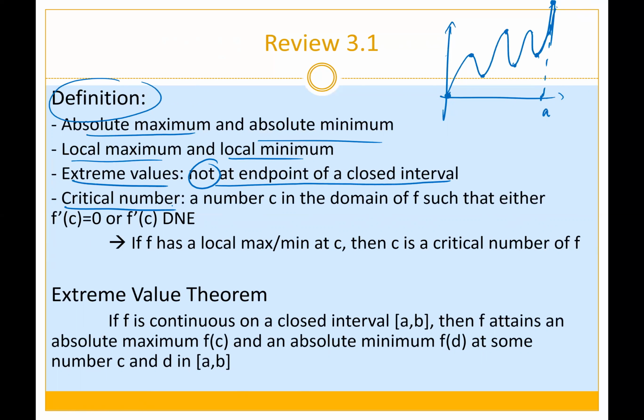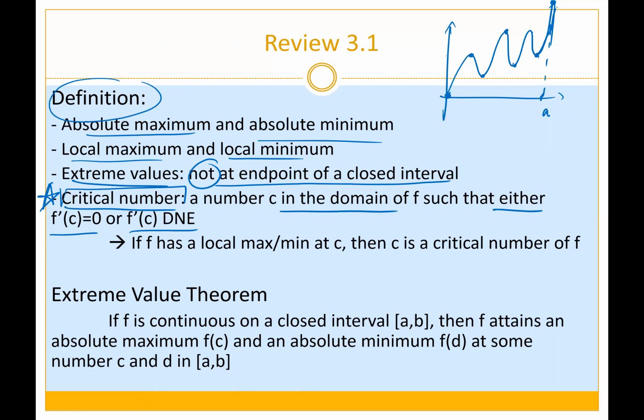Then we have critical number, and this is really important. A critical number is defined as a number C in the domain of f such that either f prime of C equals 0 or f prime of C does not exist. Usually, if you have a local max or local min at C, then C is definitely a critical number.